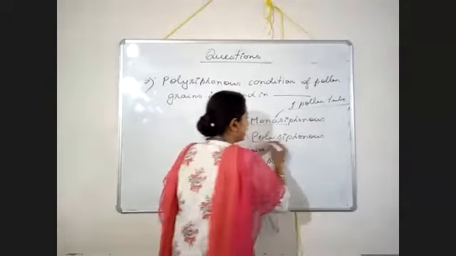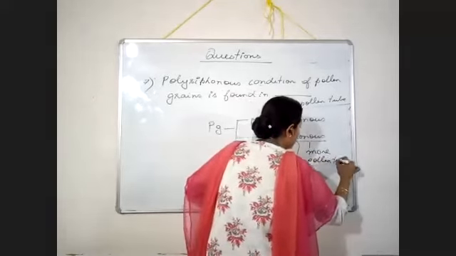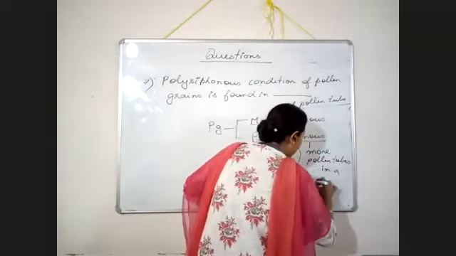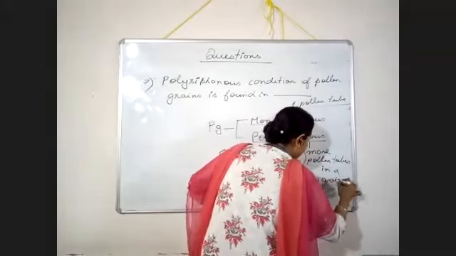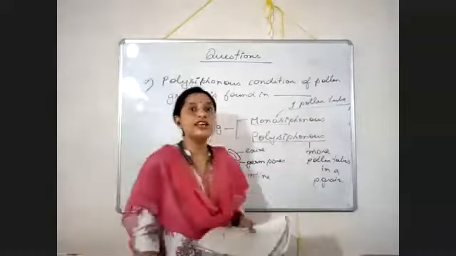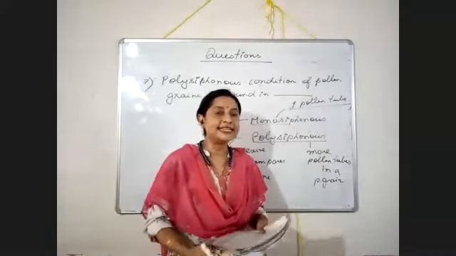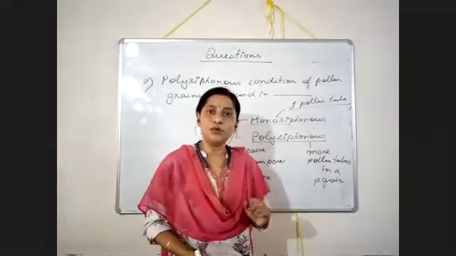So polysiphonous means more pollen tubes in a pollen grain. In the majority of cases, the monosiphonous condition is very common. Usually one pollen grain has one pollen tube.